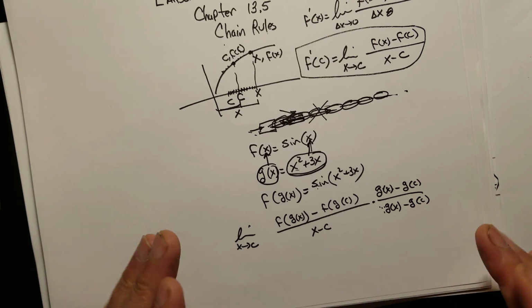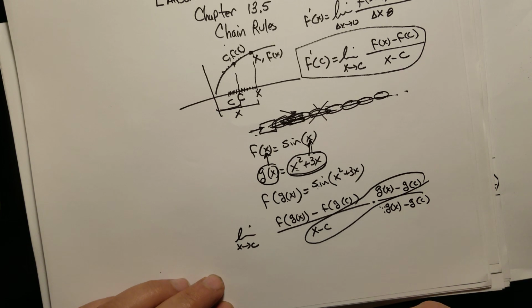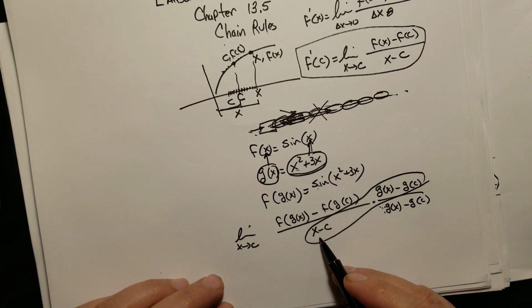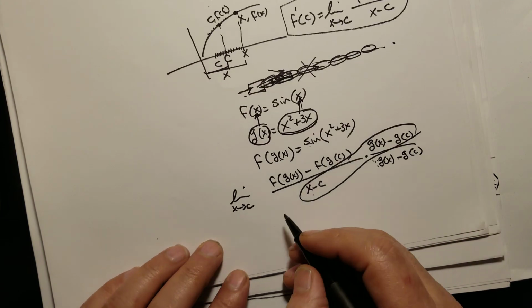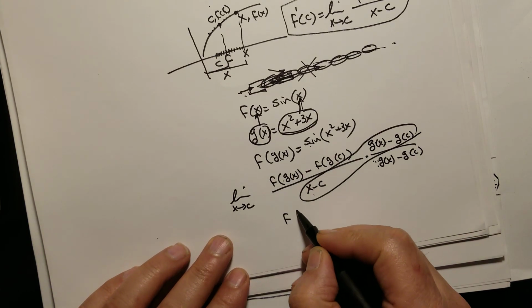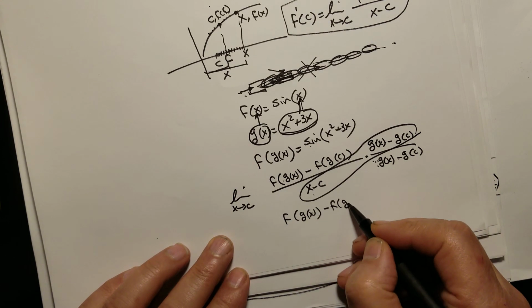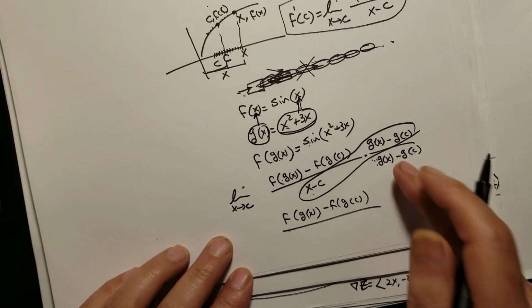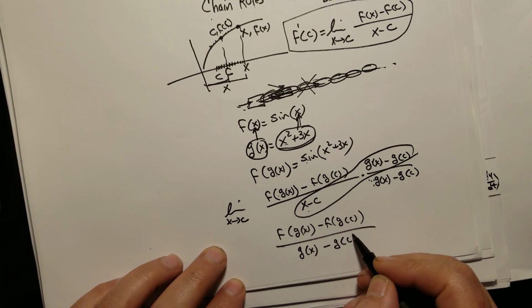And I'm going to go ahead and rewrite this one. I'm going to put g of x minus g of c over x minus c, and this one over that one. Therefore, I'm going to write f of g of x minus f of g of c over g of x minus g of c.